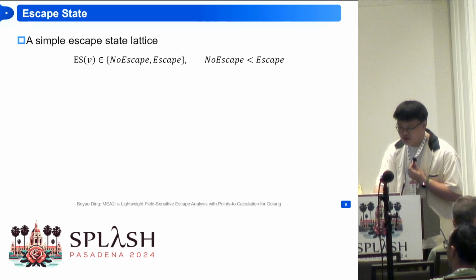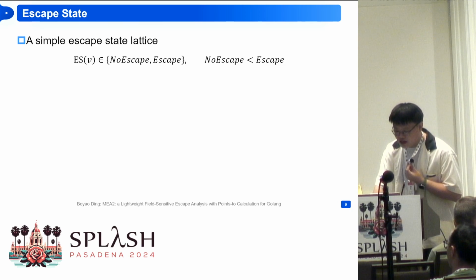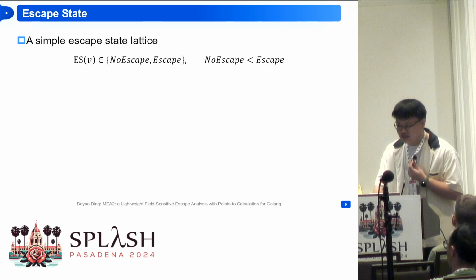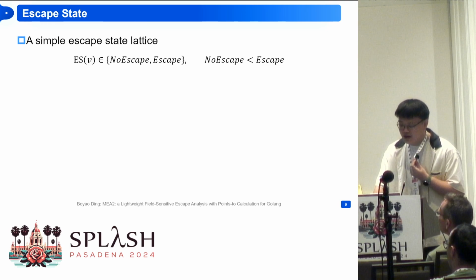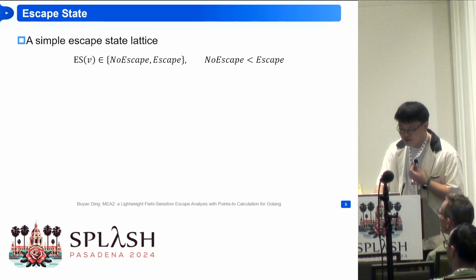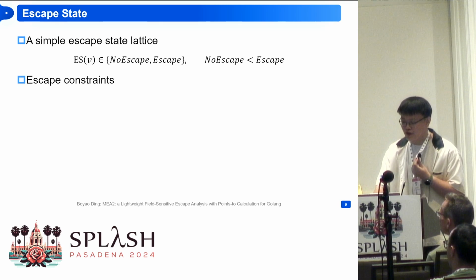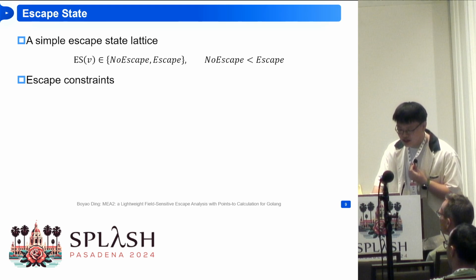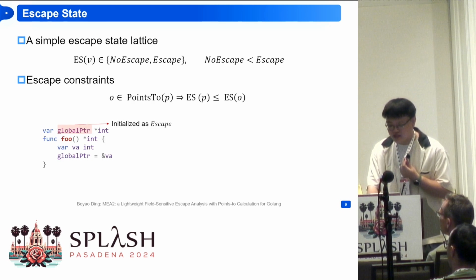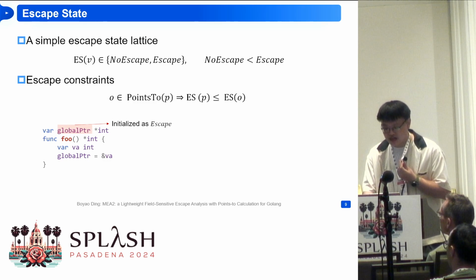Each variable v has an escape state, denoted as ES(v). We can define a simple escape state lattice where no escape is less than escape. MEA2 requires the escape states of variables to meet certain constraints. First, for each pointer p that points to o, the escape state of p must be less than or equal to that of o.